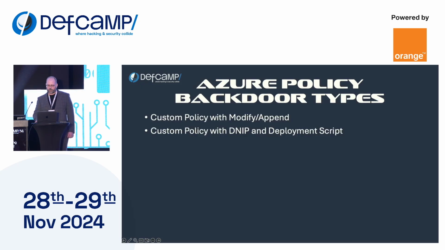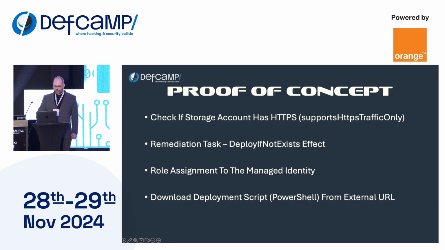The other one is a custom policy using the deploy if not exist effect and a deployment script. I will show a demo video as well, and I will talk about what's happening and what I used as a proof of concept code and policy.